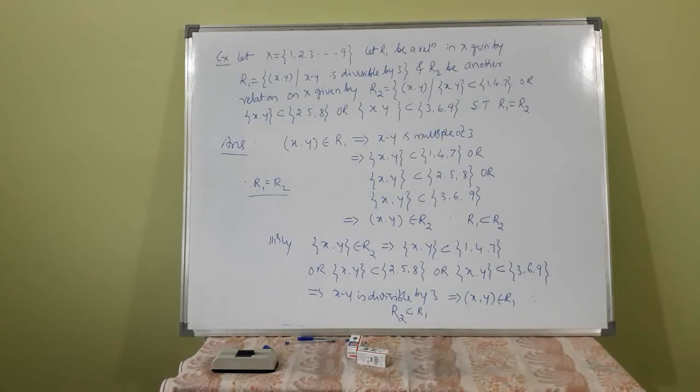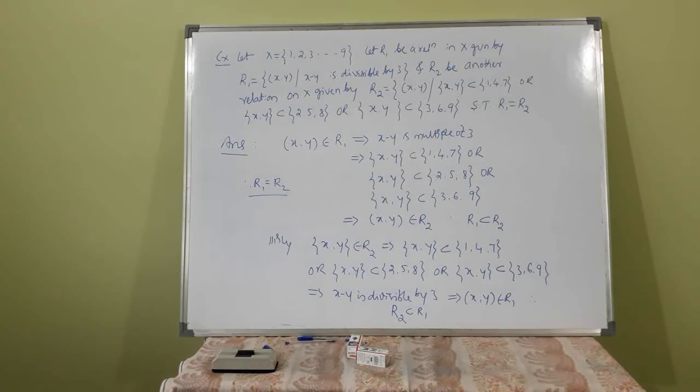Another example: if X is 1, 2, 3, and so on up to 9, let R1 be the relation in X given by R1 is the set of all ordered pairs (x, y) such that x minus y is divisible by 3. See the difference.